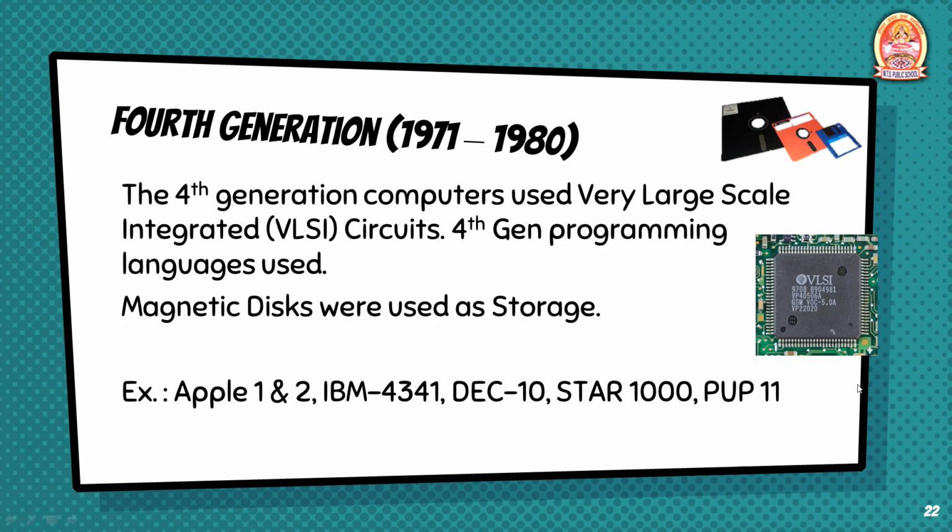A hard disk is a modern form of magnetic disk, and a regular system these days comes with a hefty 1 TB of storage. Apple I, Apple II, IBM 4341, DEC10, etc. are some of the names of fourth generation computers.